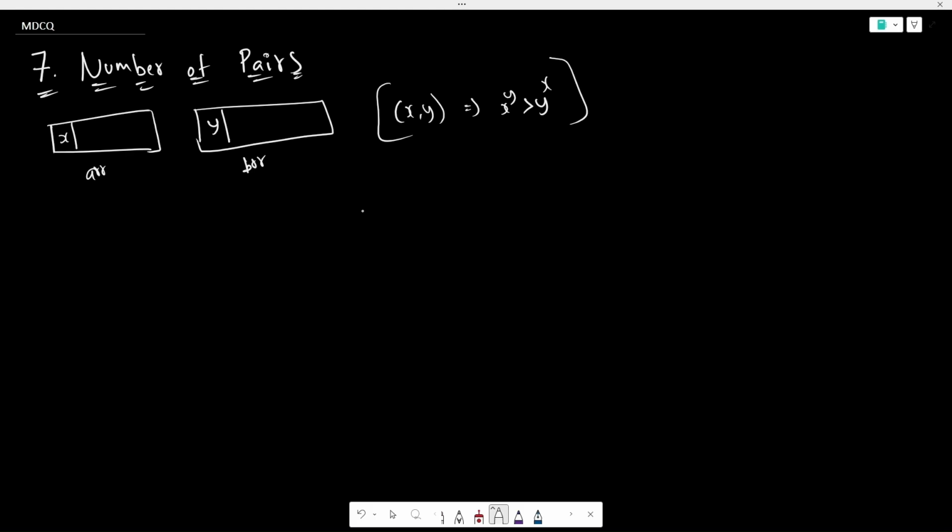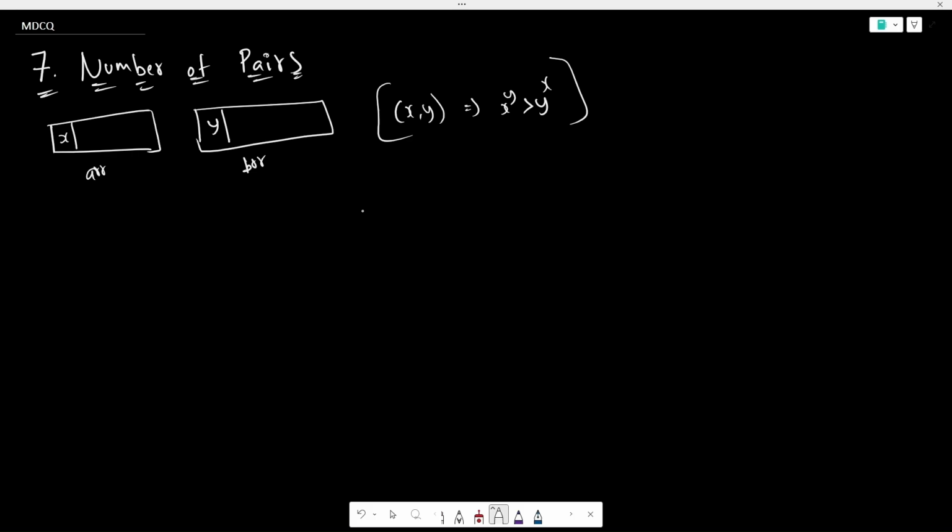Whenever the integer values in ARR are 30 or 20, computing something like 30 power 40 is very high computation. So that's why that is not recommended.